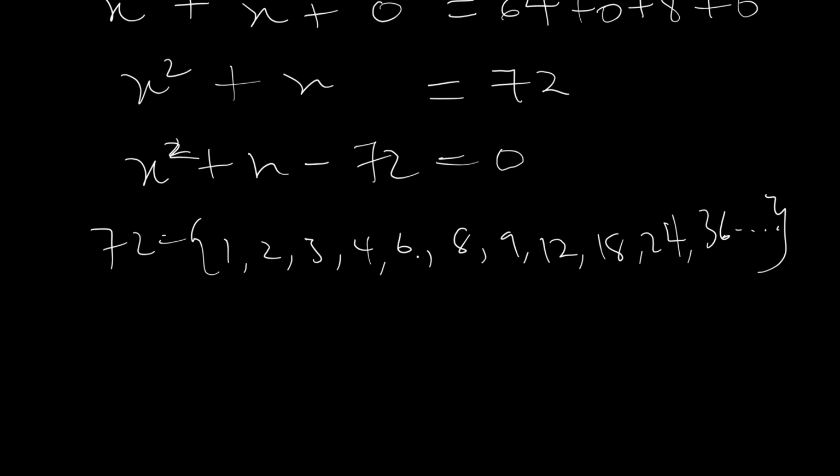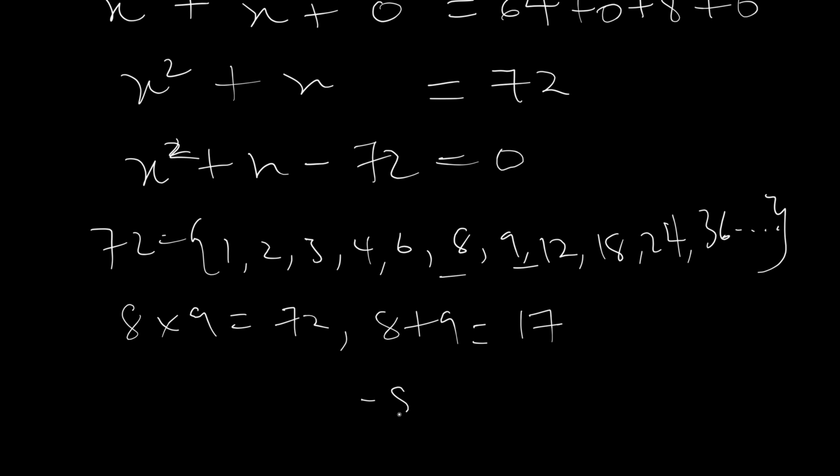So now when we pick 8 and 9, 8 times 9 is equal to 72, and 8 plus 9 is equal to 17. So when we negate the 8 and we add it to 9, we have 1. So negative 8 plus 9 is equal to 1, and negative 8 times 9 is equal to negative 72.